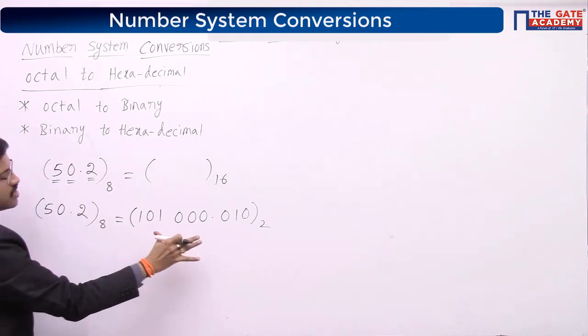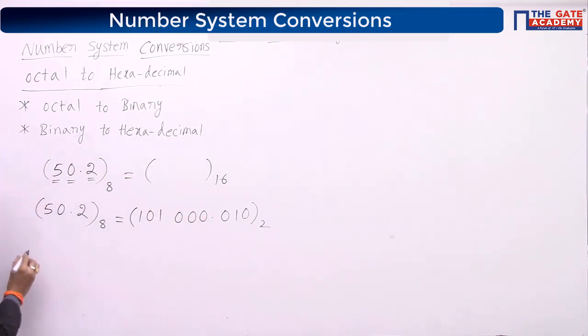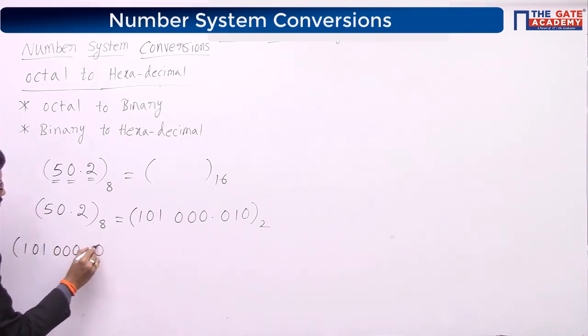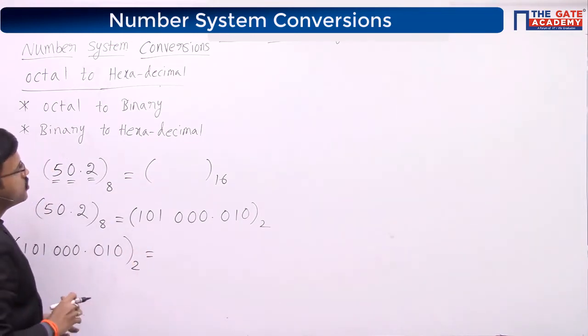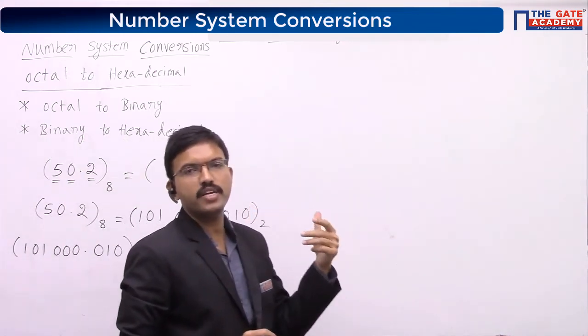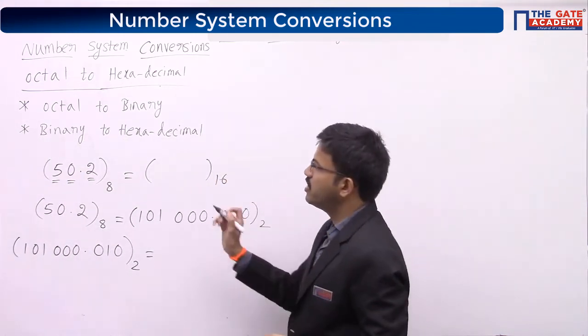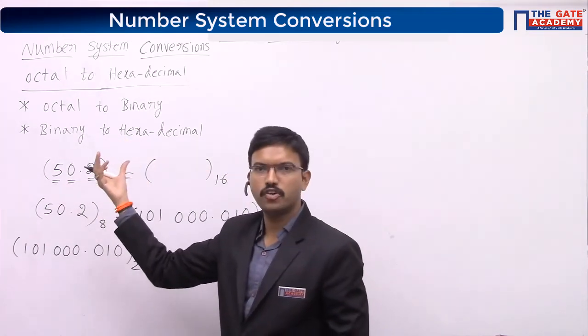We have to convert the above binary number into the corresponding hexadecimal. So here I am writing 101 000 0.010 base 2. We have to convert this binary number into hexadecimal by doing the grouping of 4 bits, right? Whenever we are doing the conversion from binary to hexa, we have to do the grouping of 4 bits.